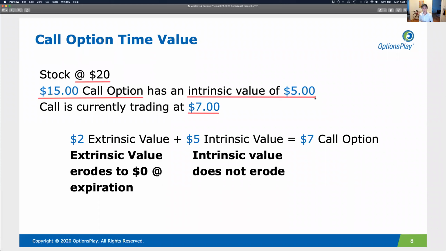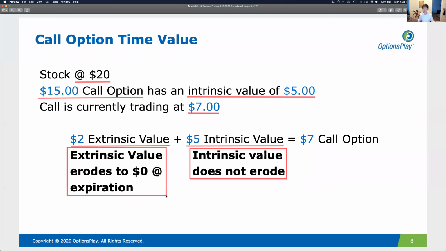Now, if the call option is trading at $7, what that means is that the call option has $2 worth of extrinsic value and $5 worth of intrinsic value. Intrinsic value will never erode. An intrinsic value will always keep its value. However, the extrinsic value is what's going to erode to zero at expiration.